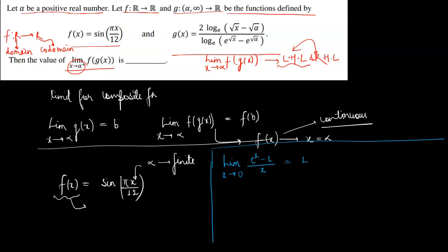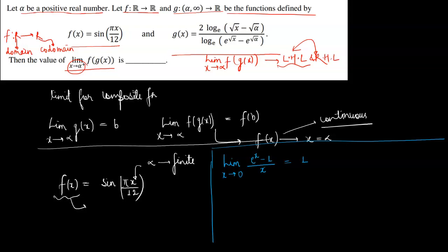I hope this standard limit you have calculated and are very well aware of. You can get this by expanding e to the power x using the Maclaurin series. I hope Maclaurin series are still in the syllabus.